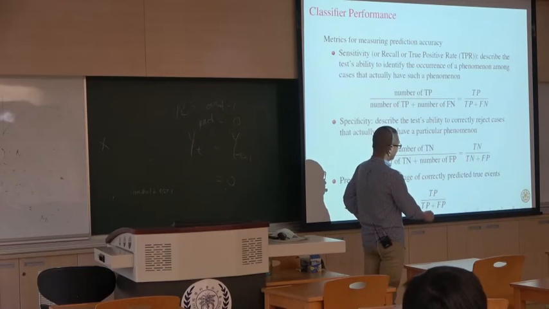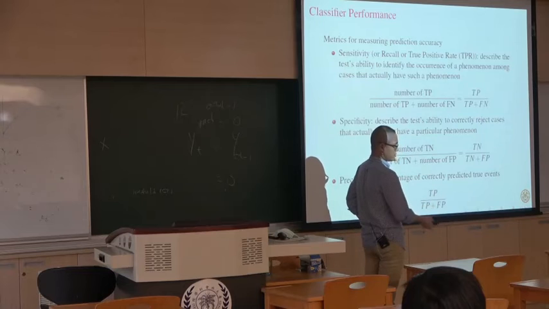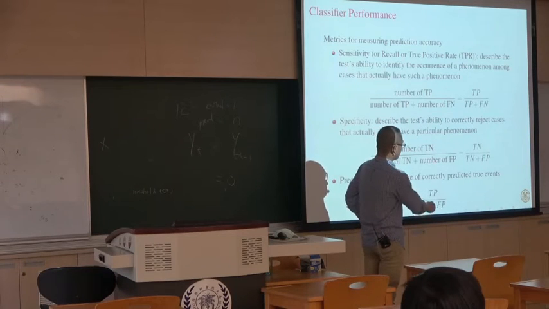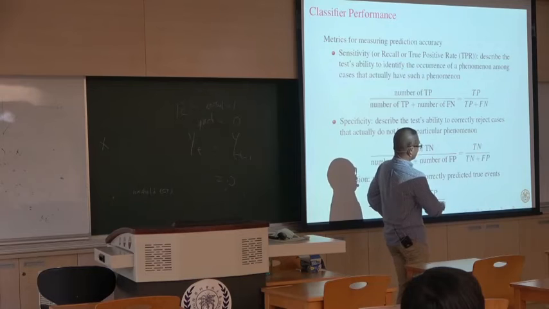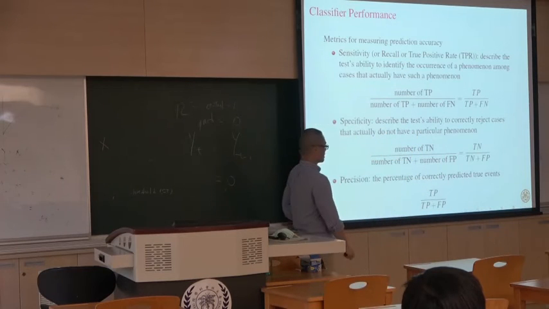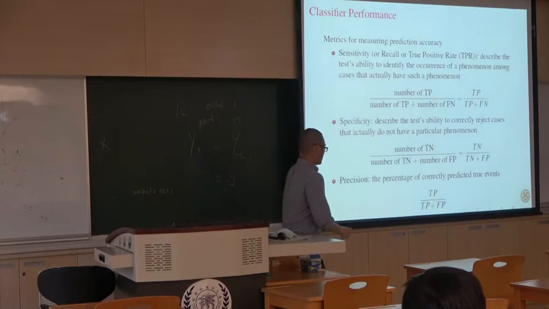There are also cases in which the outcome is false positive. You predict that to be positive for something, but in reality it's negative. So the higher the score, the better.